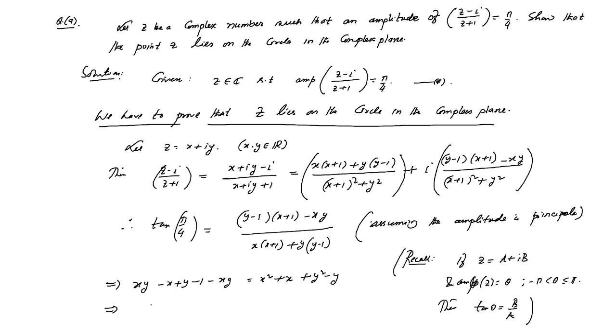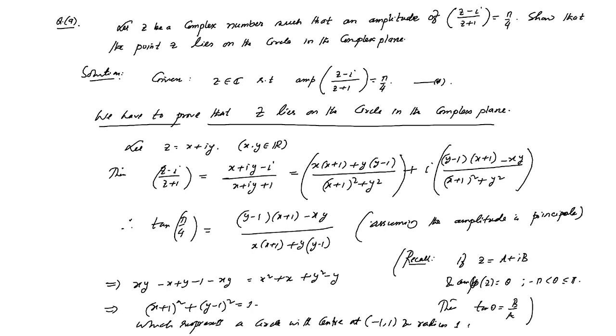Just calculate it, and you will get (x plus 1) whole square plus (y minus 1) whole square equals 1, which represents a circle with center at (minus 1, 1) and radius 1 unit. So here we have shown that Z lies on the circle in the complex plane.